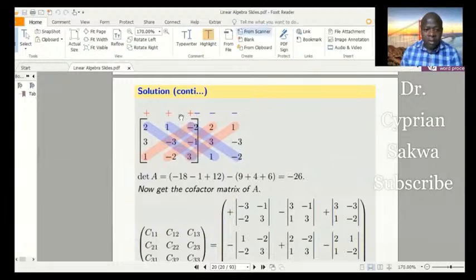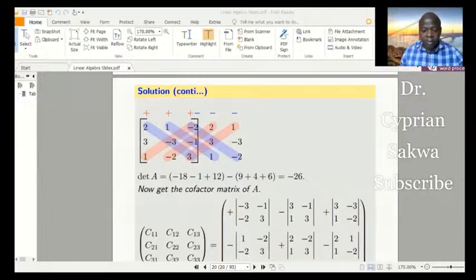To find the determinant of this matrix, multiply these entries, and then this, as you add. Then multiply along this diagonal, along this diagonal, along this diagonal, as you subtract, and you get negative 26 as your determinant.